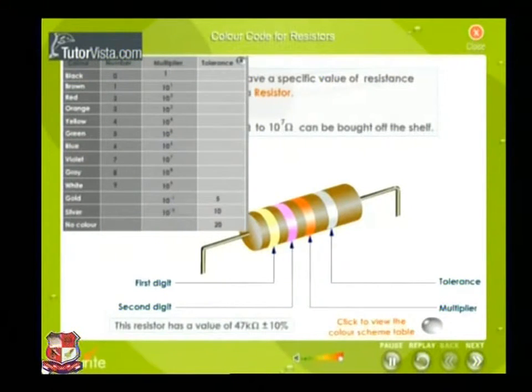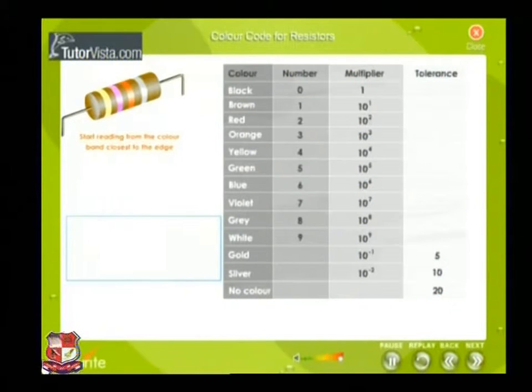This resistor has a value of 47 kilo ohms and plus or minus 10% tolerance. Let us try to read the value of this resistor. From the table we know that the first band, that is yellow, corresponds to 4. Violet corresponds to 7.